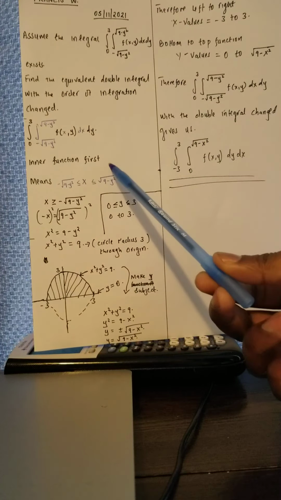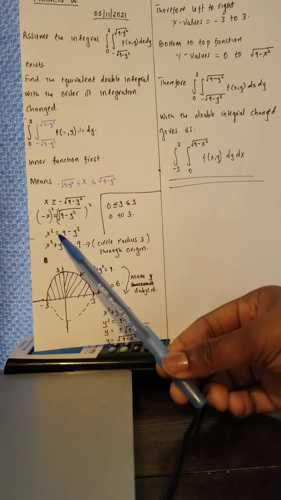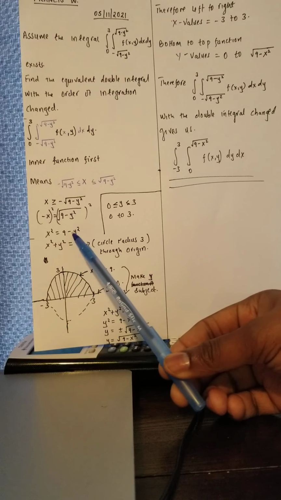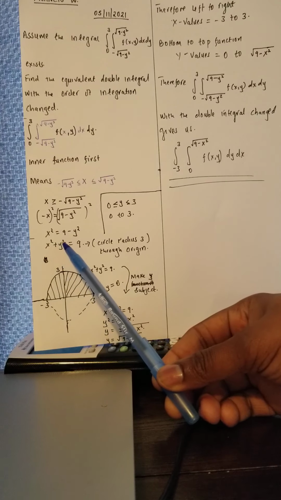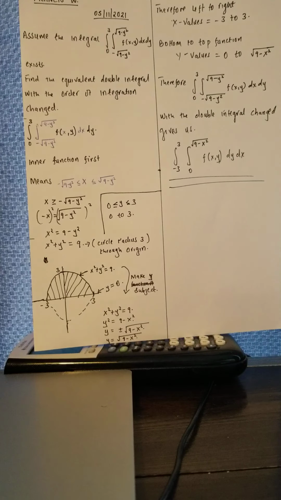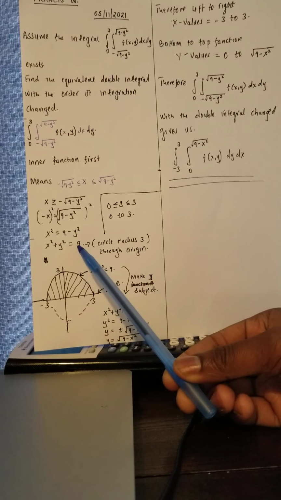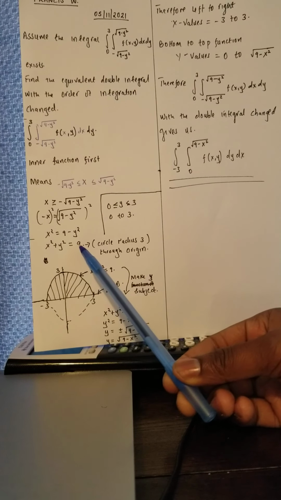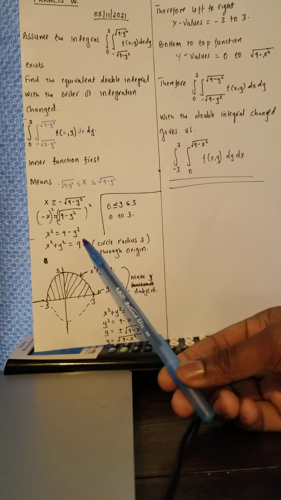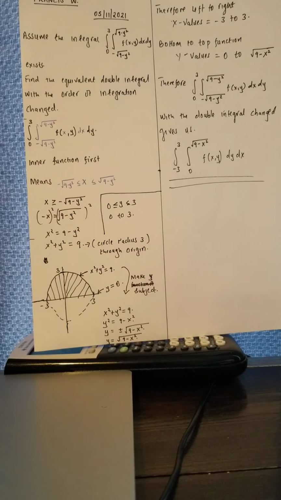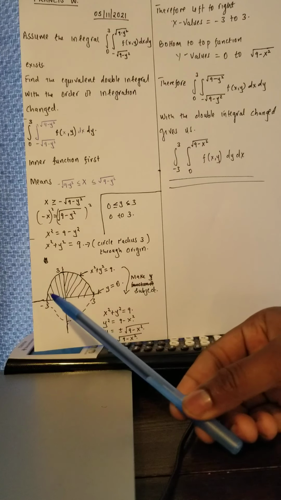Then we can take either of these and equate it to x, and we get x squared equals 9 minus y squared, which gives us x squared plus y squared equals 9. Now x squared plus y squared equals 9 is a circle centered at the origin with radius 3. So the radius value is going to give us the limits of integration for the x's.